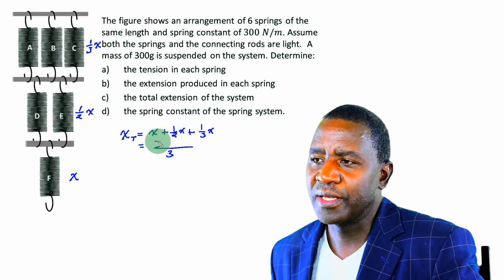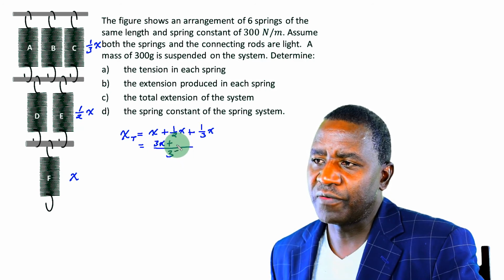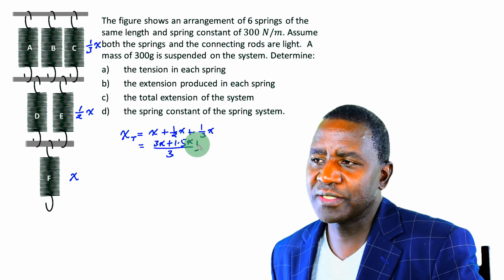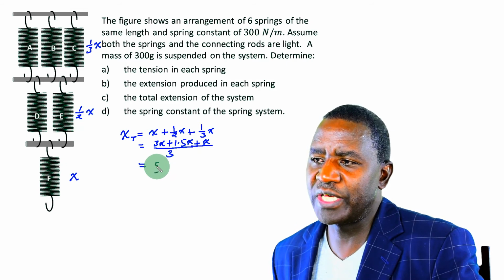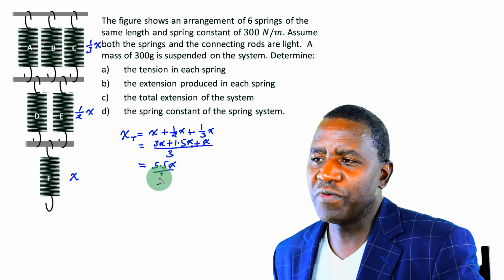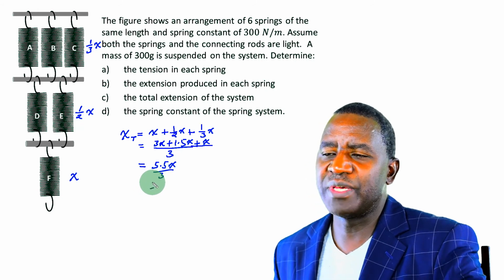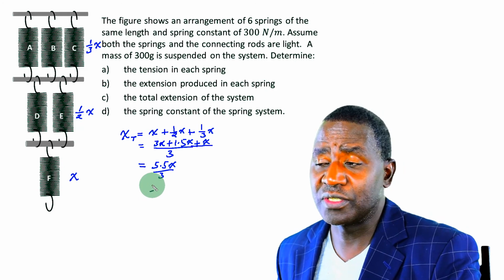And over here, I will have 3x. Over here, I'm going to have 1.5x. And here, I just have x. And that is what is going to give me this 4.5. I'm going to get 5.5x over 3. That will be the total extension.